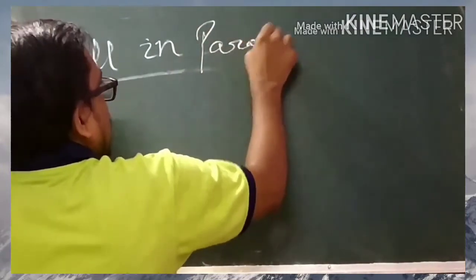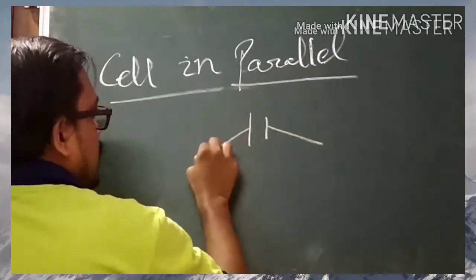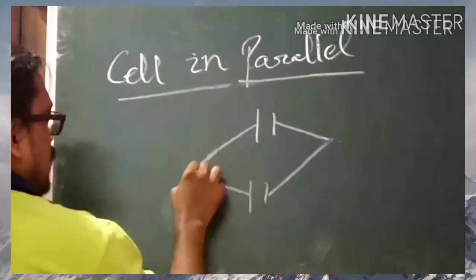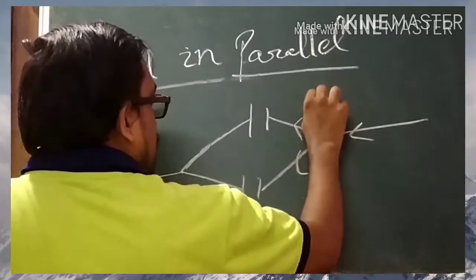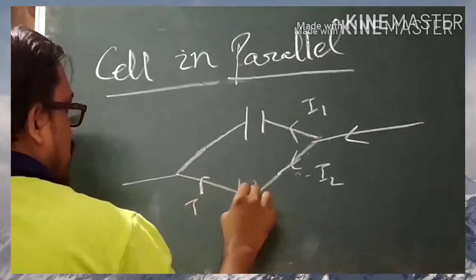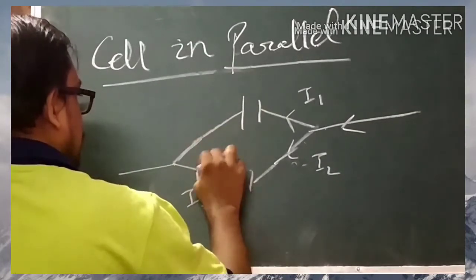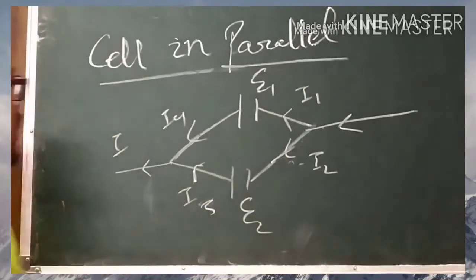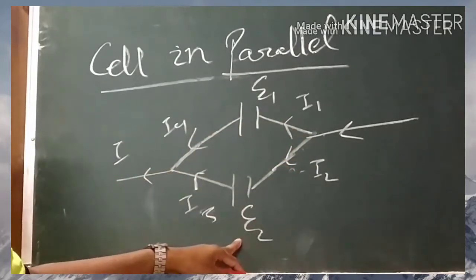Cells in parallel connection. Now we have to connect the cells so that cell 1 and cell 2 are both connected to the same potential.